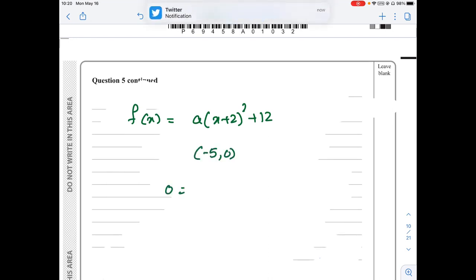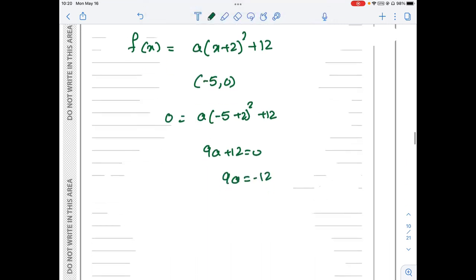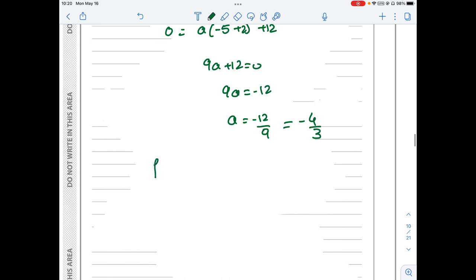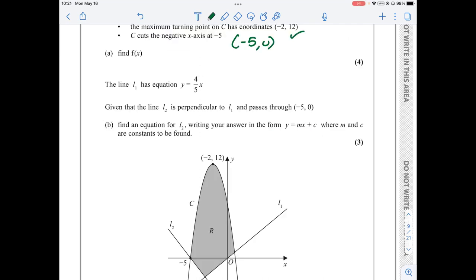So plug in: 0 equals a times minus 5 plus 2 whole square plus 12. So it becomes 9a plus 12 equals 0, so 9a equals negative 12, a equals negative 12 upon 9, which is negative 4 upon 3. So f of x equals negative 4 upon 3 times x plus 2 whole square plus 12. That's going to be f of x.